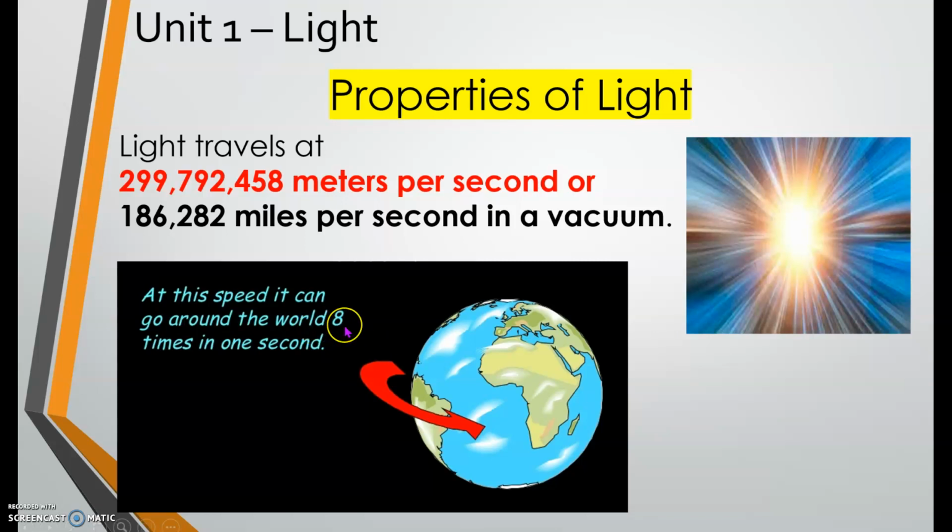Very good. 8 times. How many miles per second in a vacuum does the light travel? Very good. 186,282 miles per second.